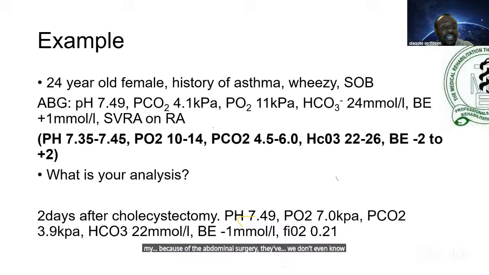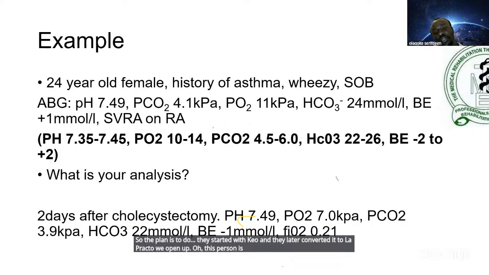The fact that I've said gallbladder surgery is usually keyhole surgery does not mean that in the operation room they might not convert some of them. If they say, oh, maybe things are not going as expected, they can still convert it to open abdominal surgery. It could be the case for this person. So they started with keyhole and later converted it to laparotomy, open abdominal surgery. Oh, this person is in pain now at the moment.